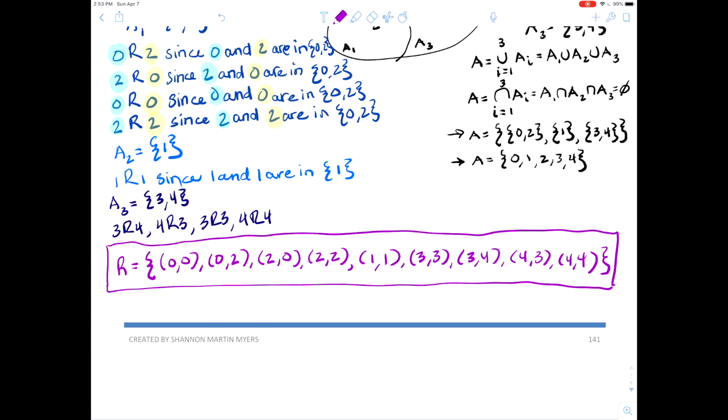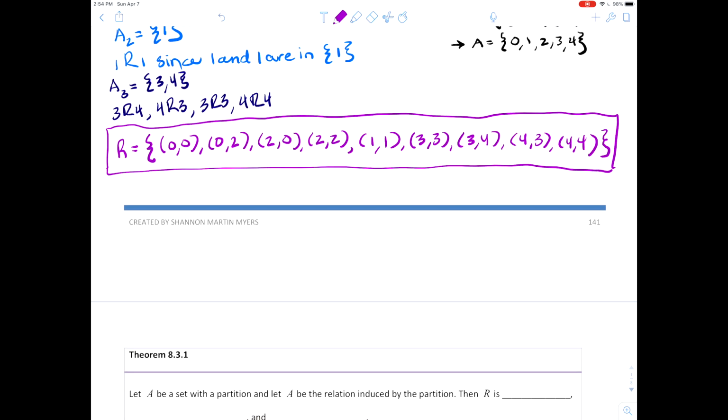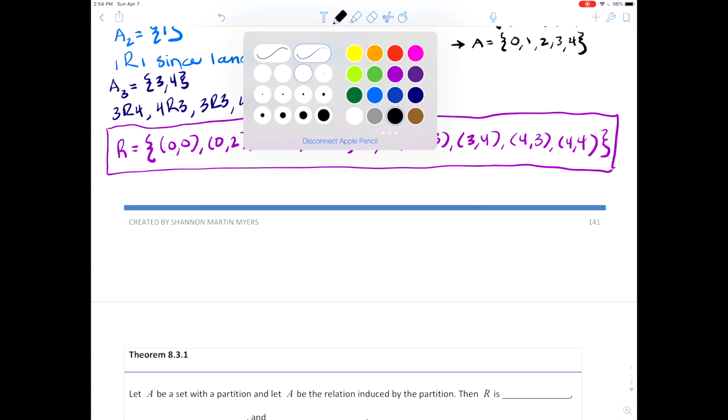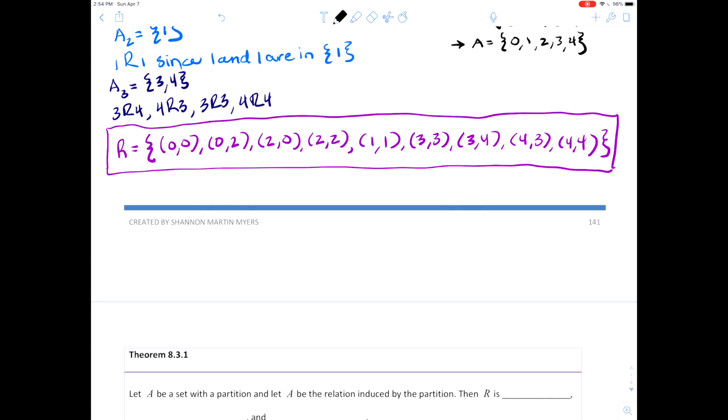And then remember we were doing directed graphs about these. So if we did one, we'd have what? 0 through 4, right? So 0, 1, 2, 3, and 4.